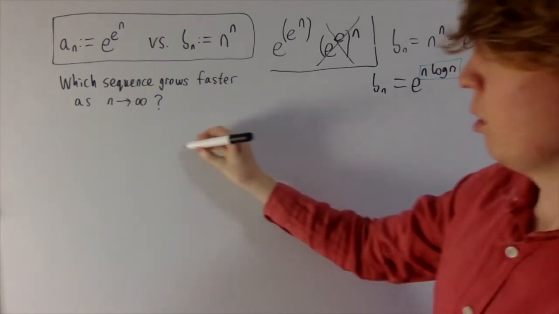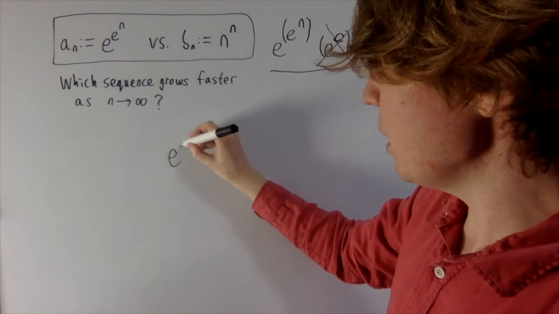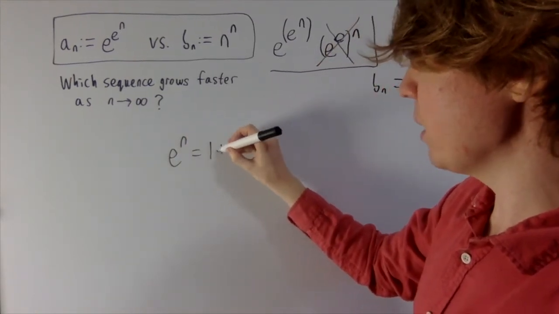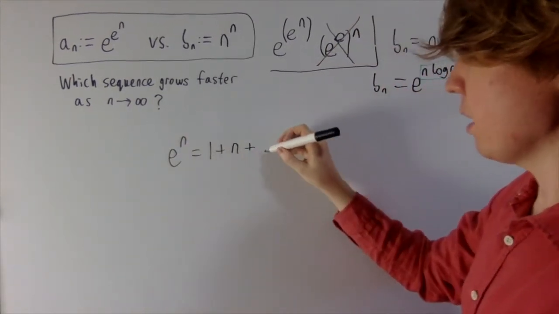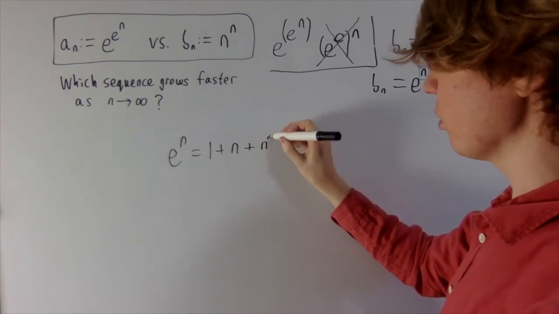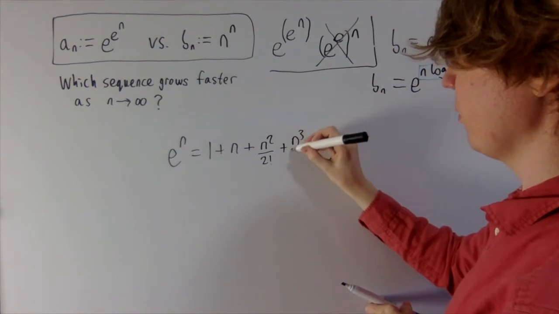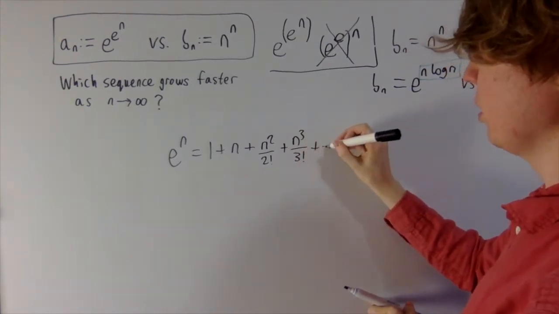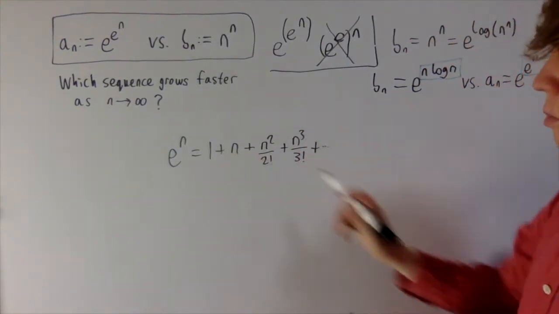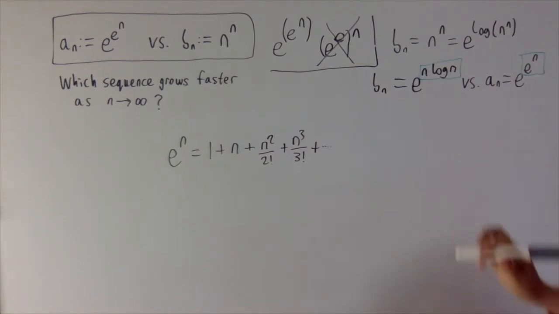Okay, so first of all, we'll start with e to the power of n and just write this using the Taylor expansion at 0, or your series definition of it, and so on. So you've got all these different terms. e to the power of n is defined as this infinite sum.